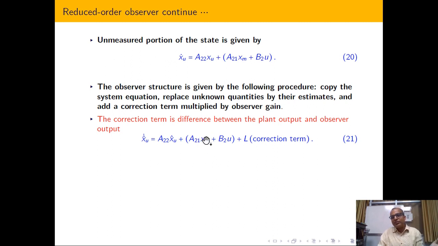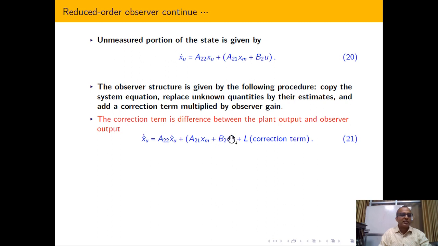But in the full state observer, what we have seen is that we copy and then convert that into an estimate. Here I am assuming that xm is perfectly measured to me. Due to that reason I am going to insert the exact information of xm here.